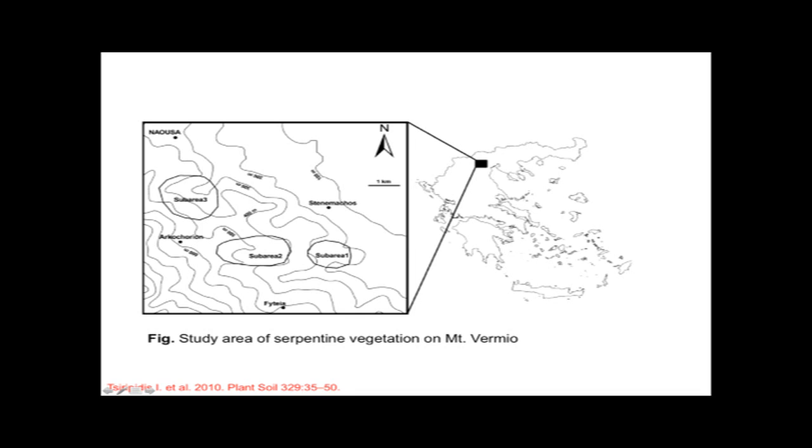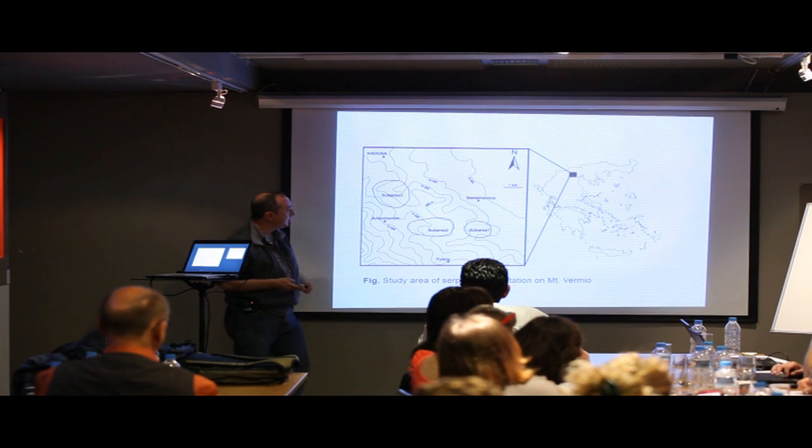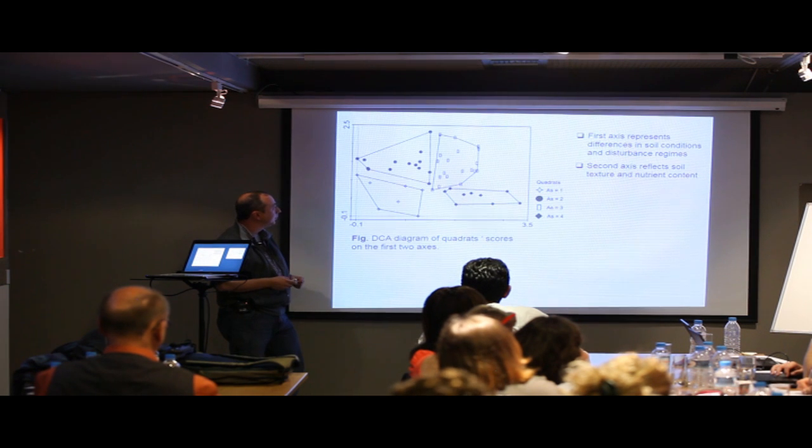A few years ago I also tried to study the factors comprising the serpentine problem, together with some colleagues, in the area of Mount Vermio, in 3 sub-areas on Mount Vermio.